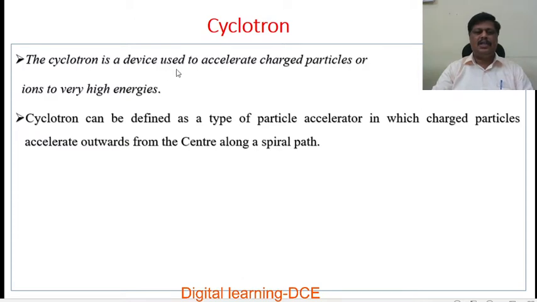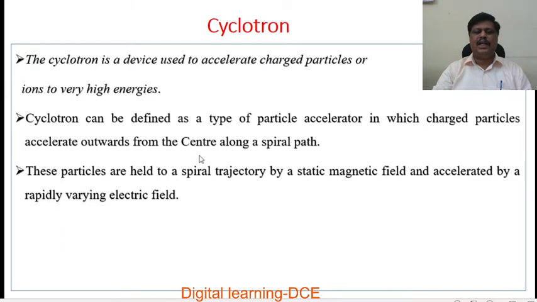Cyclotron can be defined as a type of particle accelerator in which charged particles accelerate outward from the center along a spiral path.